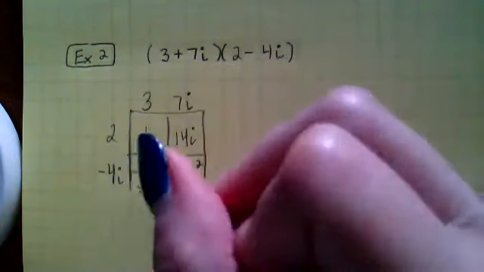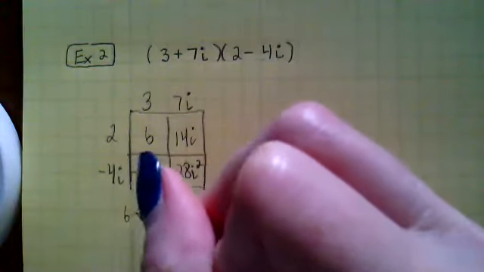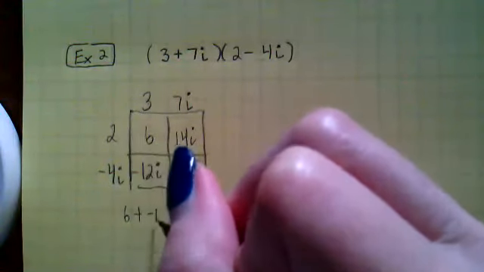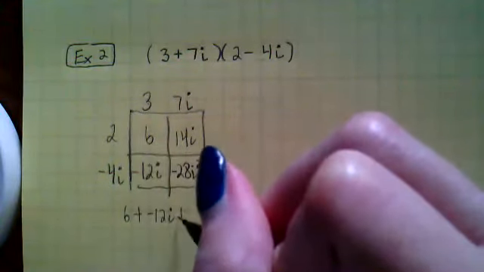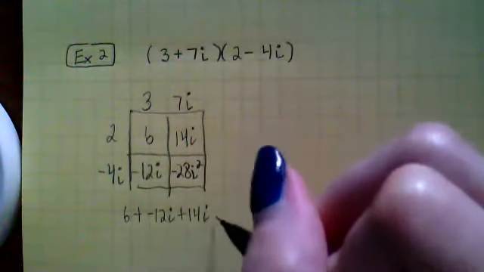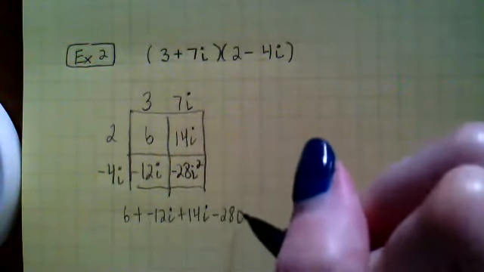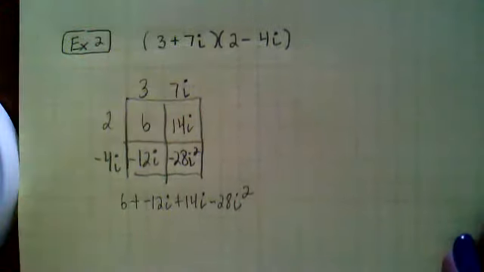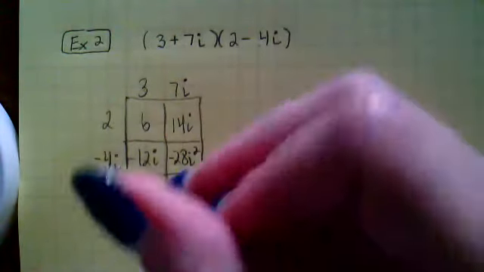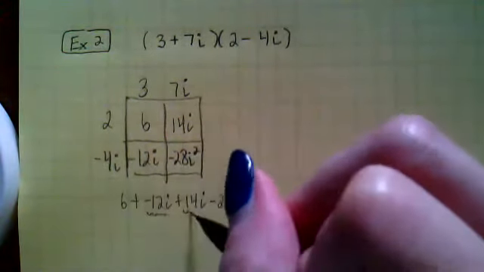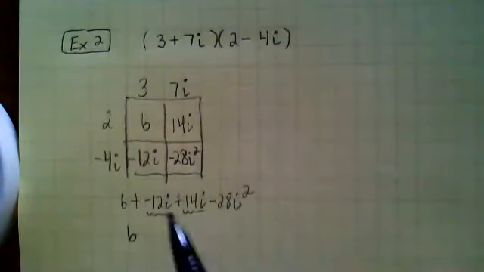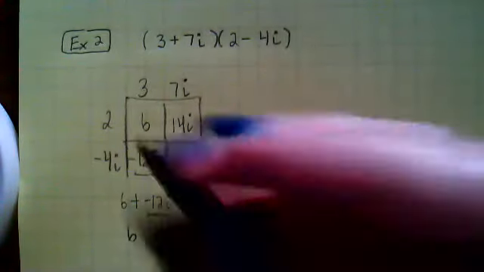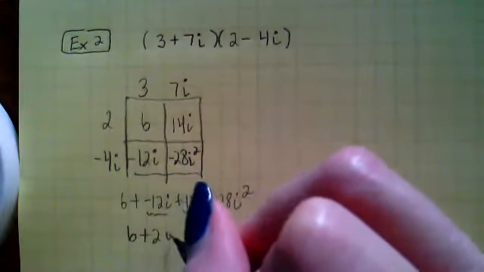So if we write that out, it's 6 plus -12i plus 14i minus 28i squared. And notice these are like terms, so 6, -12i, and positive 14i gives us plus 2i.